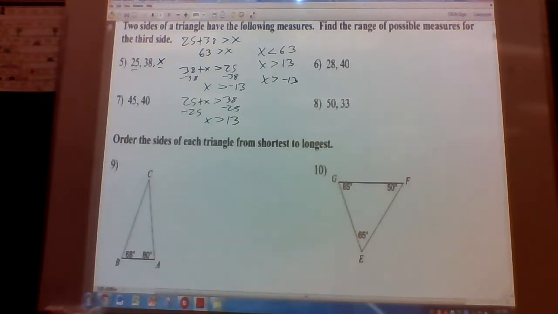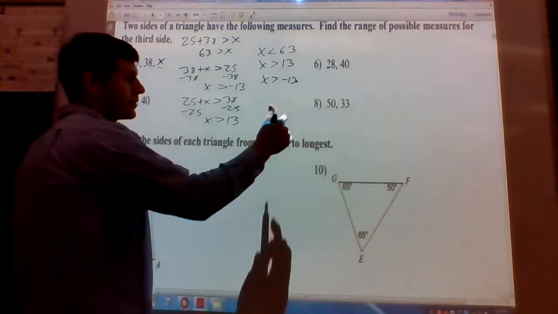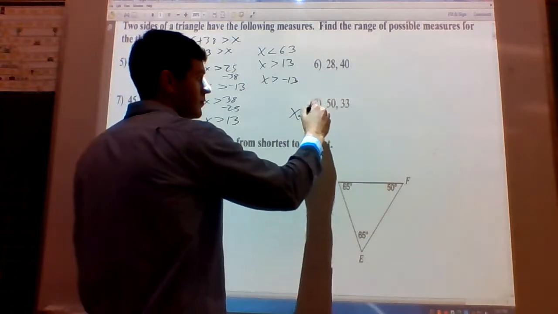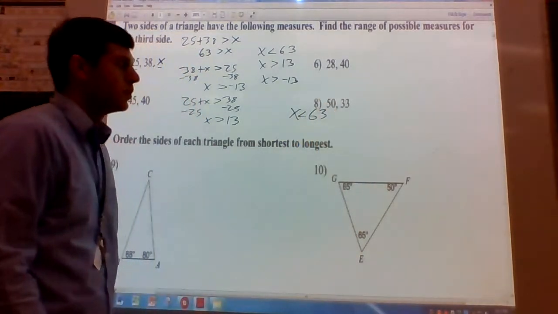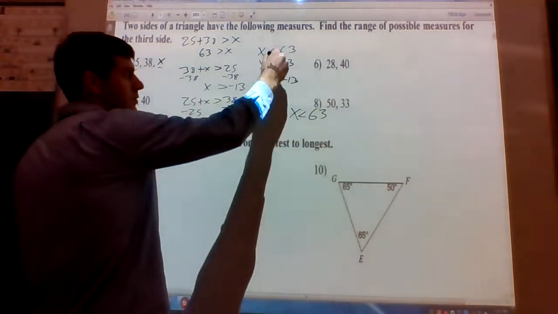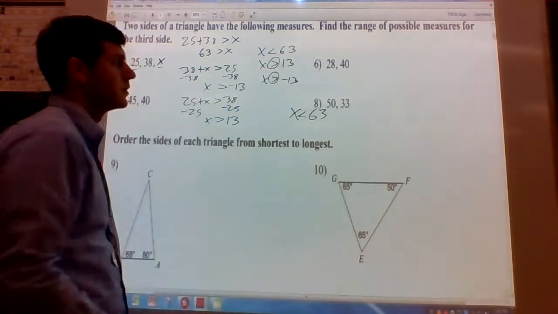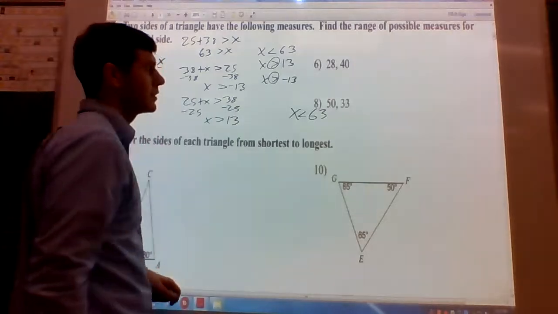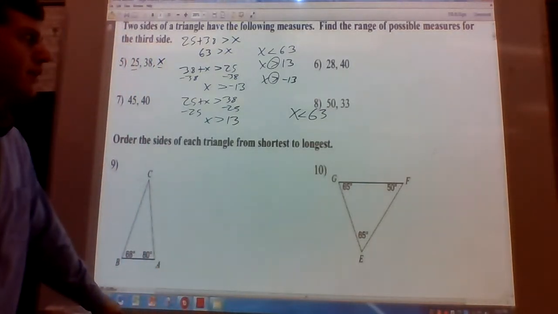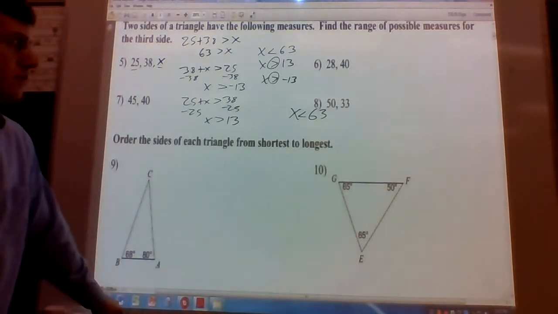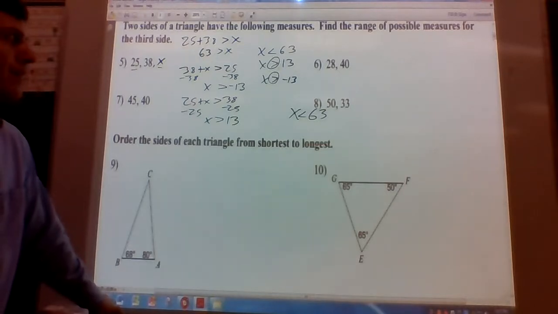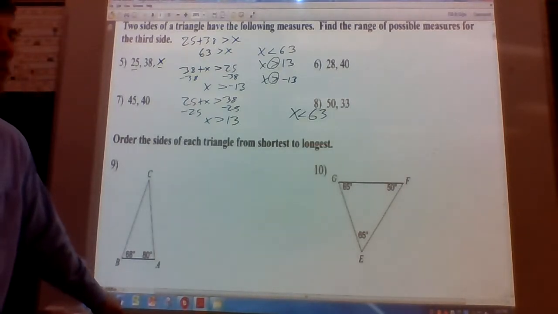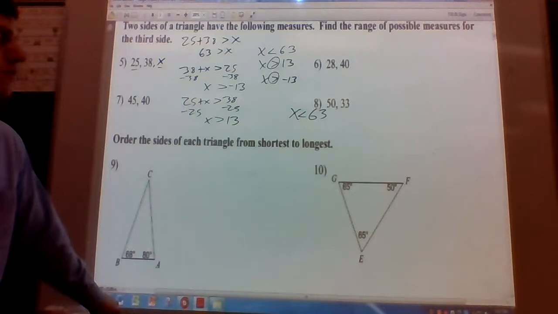Since we only have one less than sign, we know x is going to be less than 63. But if we look, we have two greater than signs, 13 and negative 13. So x has to be greater than 13 and x has to be greater than negative 13. Okay, we want an x value that fits both of those inequalities.